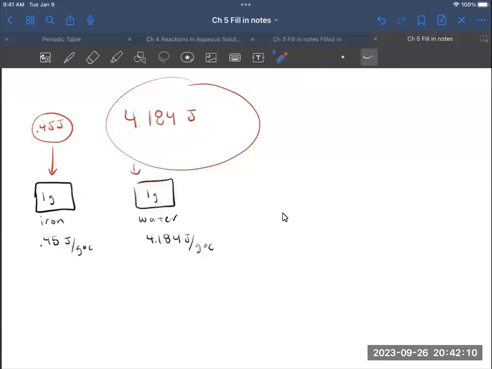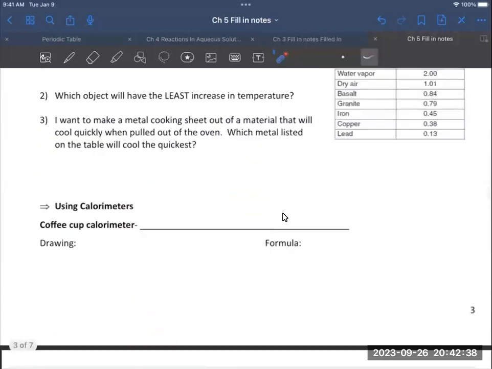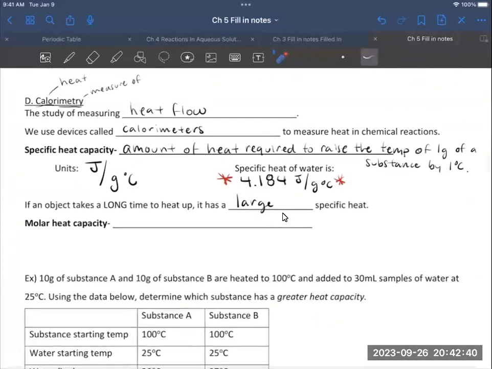Water needs to absorb this much heat to change its temperature, but it can also transfer this much heat as well. So if you have really hot water, it can heat other substances a lot more efficiently than really hot iron, per gram. Anyway, that's the concept of specific heat, and we're going to continue to work with that throughout this chapter. You're going to see more and more of that, but that's just the first little dip into the idea.